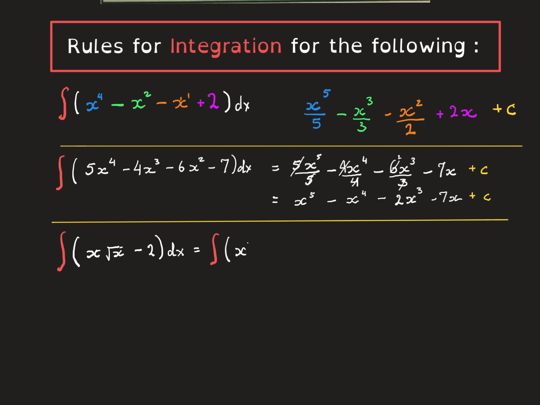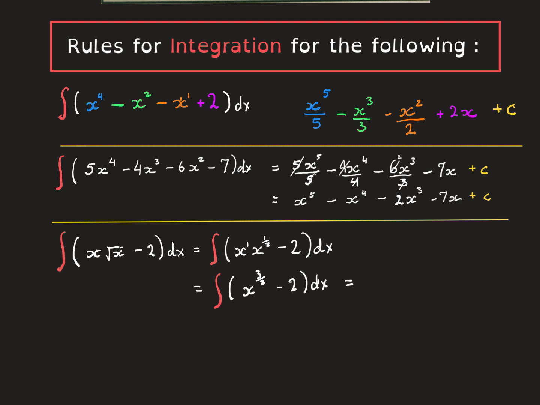It's x to the 1, x to the a half. That's not quite it. I'm going to do this one more time for you so that you can see that this really is x to the 3 on 2 minus 2. And now in this form we actually can integrate it.